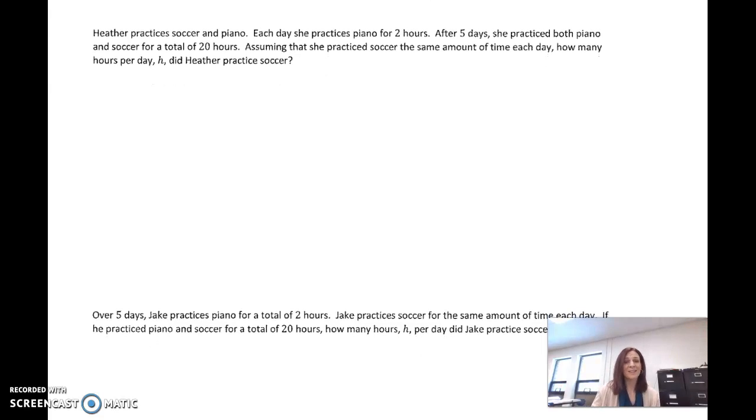It says Heather practices soccer and piano. Each day, she practices piano for 2 hours. After 5 days, she practiced both piano and soccer for a total of 20 hours. Okay, so let's see what's happening here. We have Monday, right? And on Monday, she practiced soccer and piano. And on Tuesday, she practiced soccer and piano.